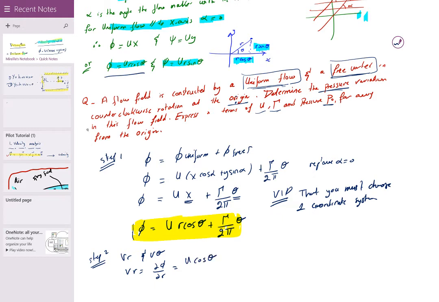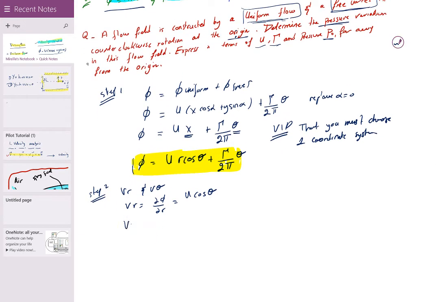Next, for v theta I'm going to use my other relation. It's given, I'm actually looking here in the book: 1 over r d phi by d theta.